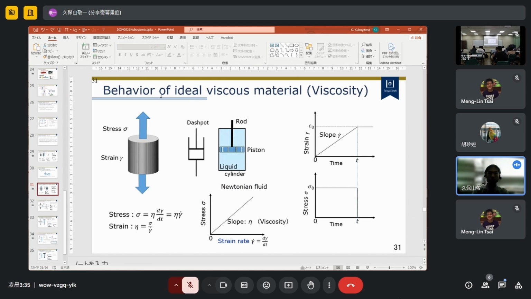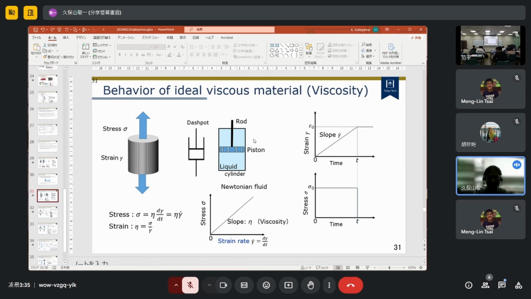And an ideal viscous body can be expressed by a model called a dashpot. Inside of the dashpot is like this. Please imagine a cylinder filled with liquid, and there is a piston, and at the end of the piston there is a disc with small holes.